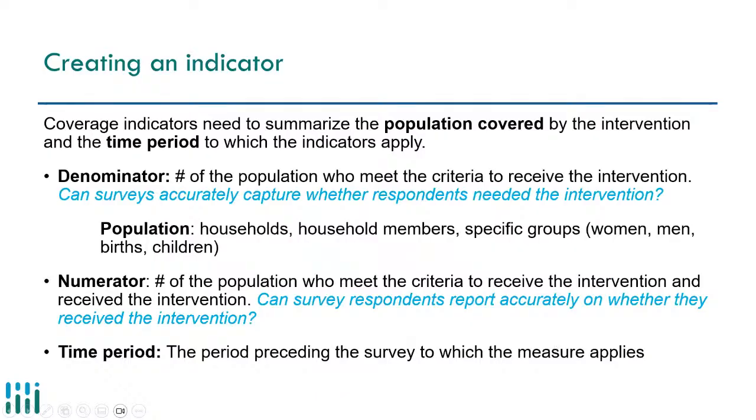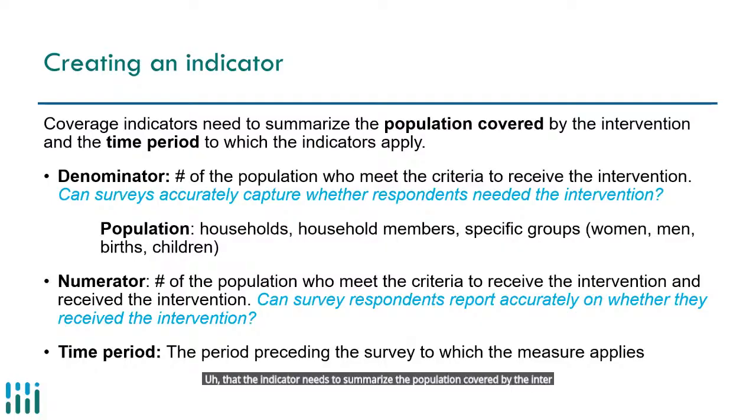So to create an indicator, we need to think about the population covered by the intervention and the time period to which the indicator applies. Considering the denominator, we need to think about the number of the population who meet the criteria to receive the intervention. You might ask, can your survey accurately capture whether respondents need the intervention?